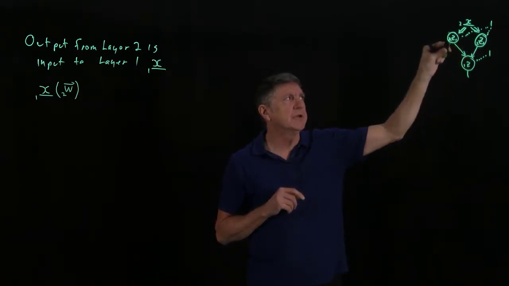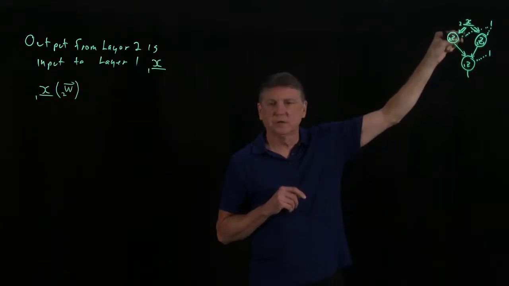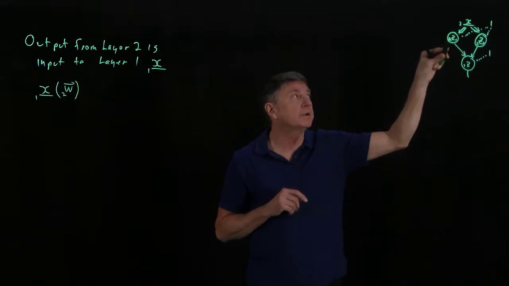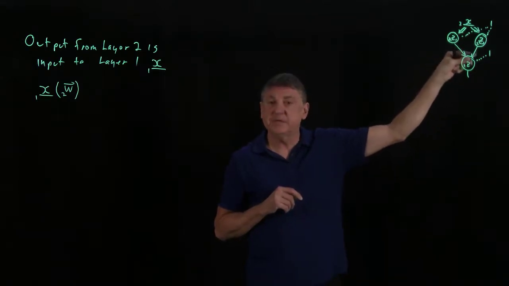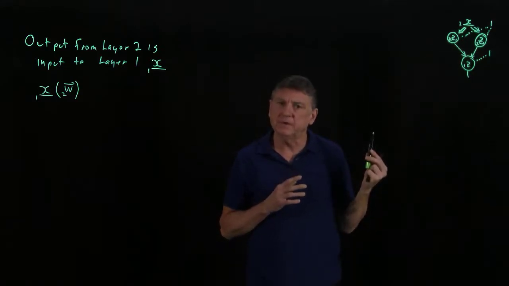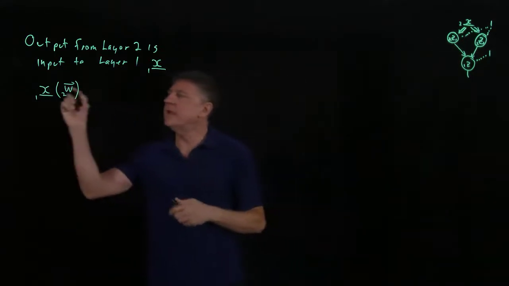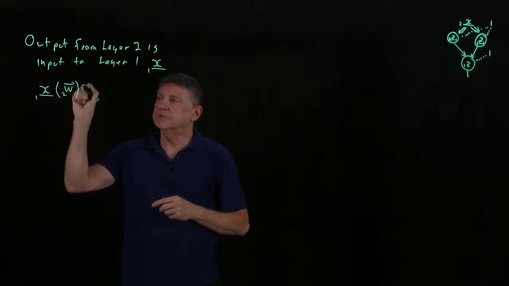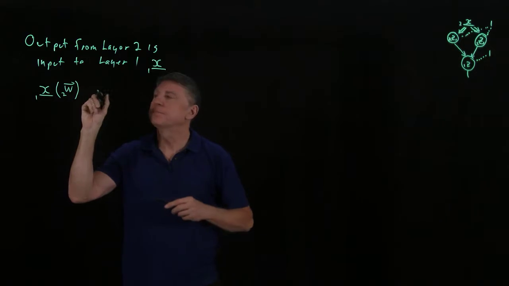And these hidden neurons depend on the original data that's coming in and their local weight vectors. So this will have a weight vector, this will have a weight vector, and if we continued, each one of the neurons in that hidden layer would have a different weight vector. And so we can say that the input to layer 1 depends on the weights that are in layer 2.